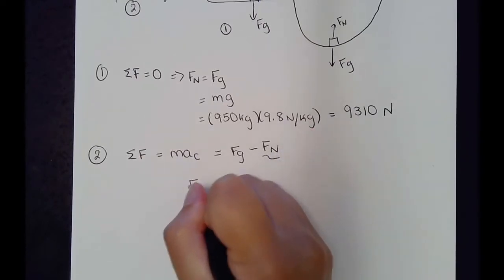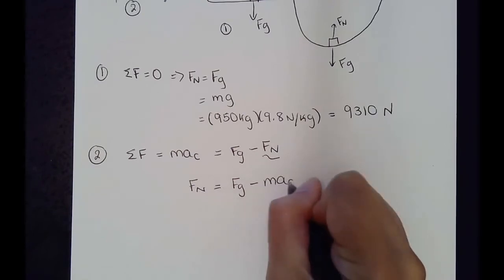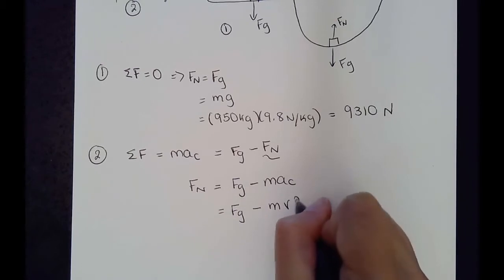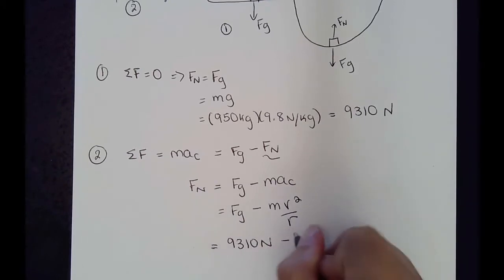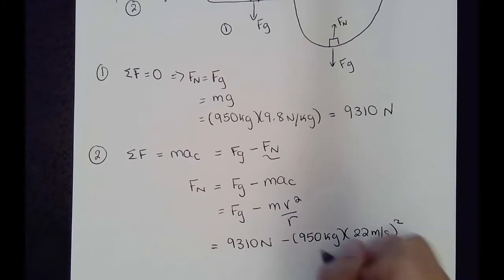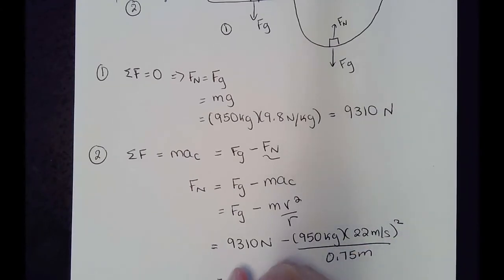So I'll have Fn equals Fg minus mac, or Fg minus mv squared over r. So this is going to be 9,310 newtons minus 950 kilograms, 22 meters per second squared over 75 meters, which is 3,179 newtons.